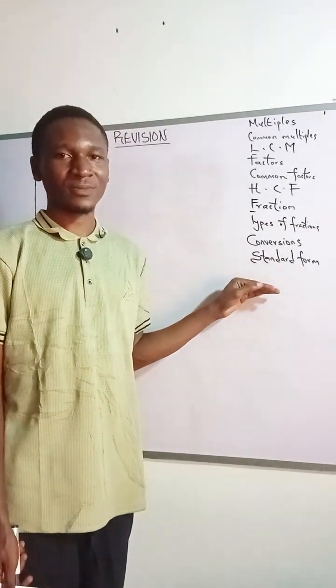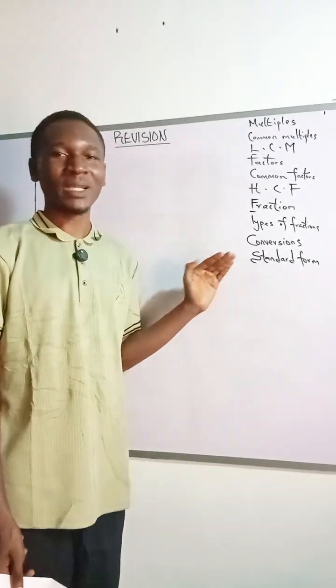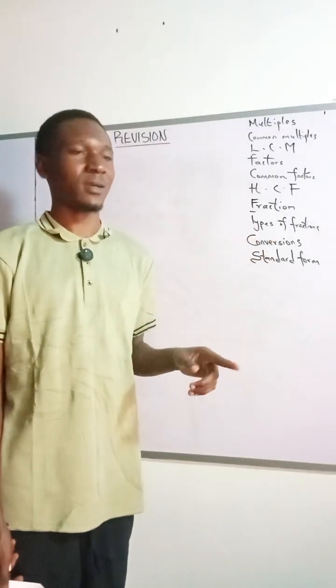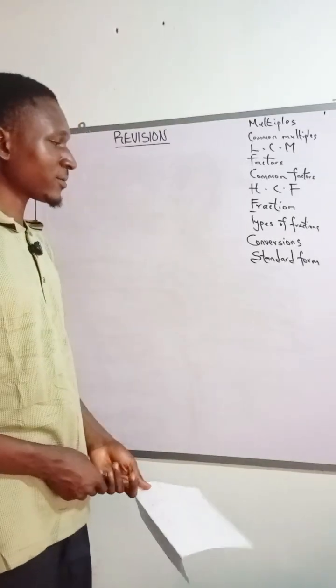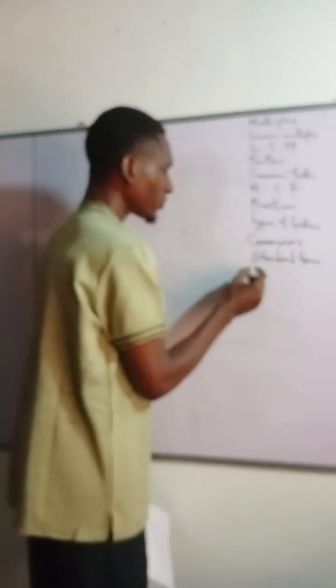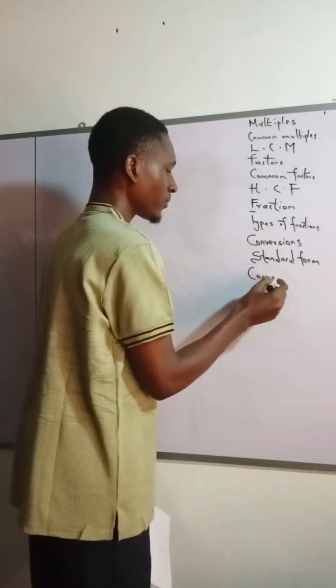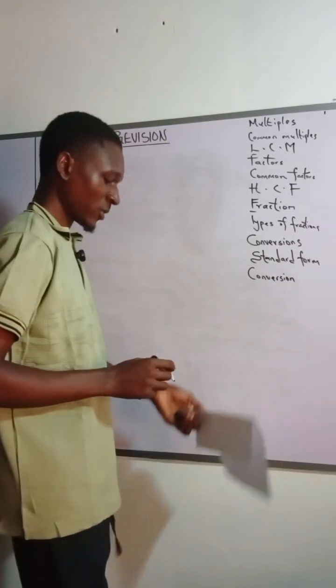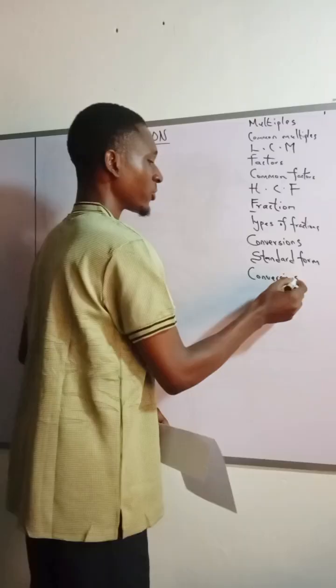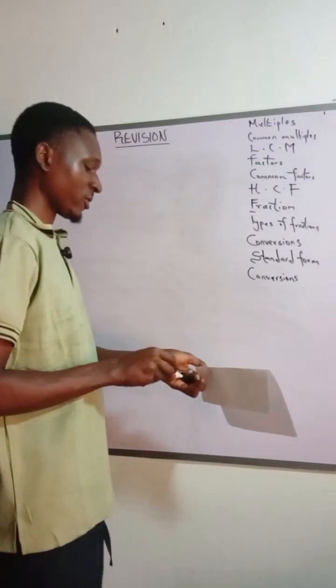Whenever you see a number multiplied by 10 raised to a power, that is standard form. After you learn that, you are also supposed to know how to convert numbers to standard form, or convert numbers from standard form to their ordinary form.